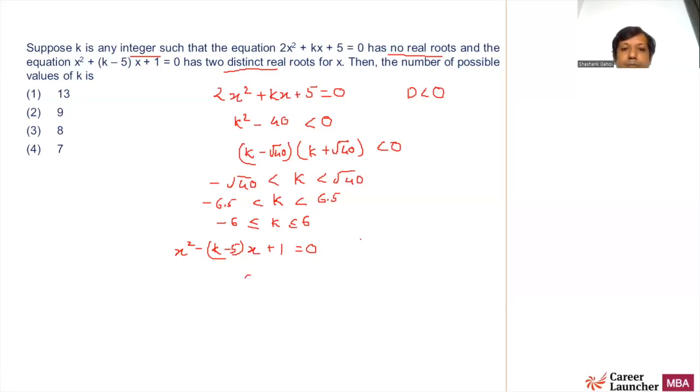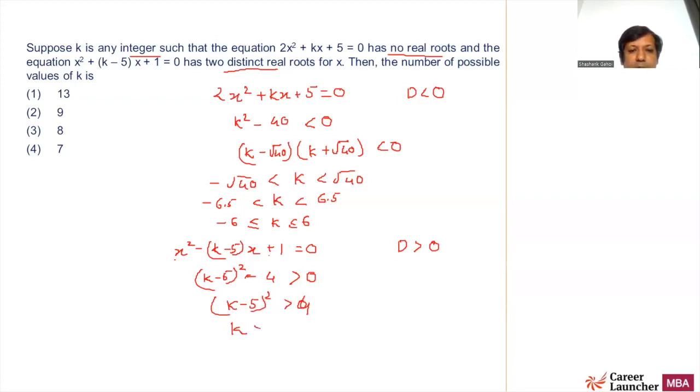Now, if D equal to 0, the equation has one root and the question is saying two distinct roots. It means D has to be greater than 0. And what is the value of D? That is b square minus 4ac. So 4 into 1 into 1. So that's 4 and that should be greater than 0. So I am going to get k minus 5 whole square should be greater than, sorry, greater than 4.